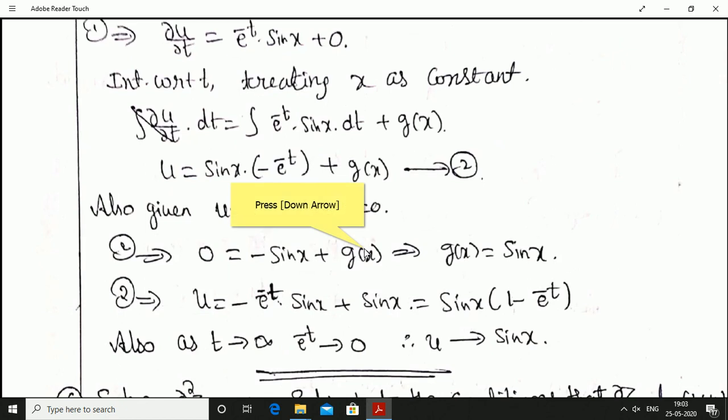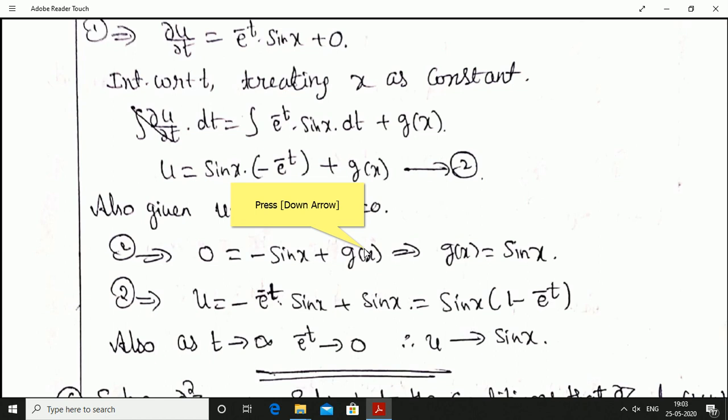Also, we need to show that, okay, u tends to sin x as t tends to infinity. Look at this. U is equal to sin x into 1 minus e power minus t. As t tends to infinity, e power minus t, which means e power minus infinity, tends to 0, because e power minus t is nothing but 1 by e power t.